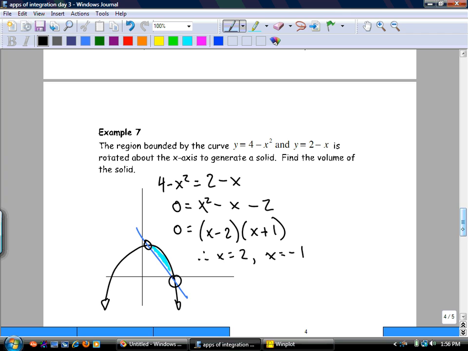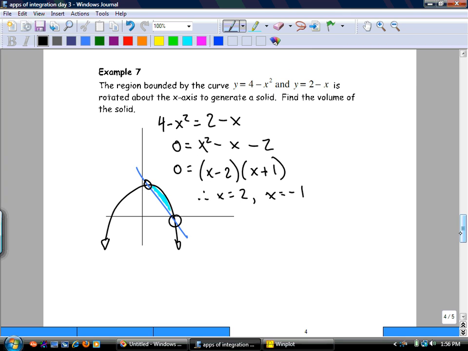Okay, now find the volume of revolution. Remember the form I was trying to get you guys to remember yesterday: the integral from the first intersection to the second intersection of the higher function squared, the radius squared, minus the lower function squared, dx.